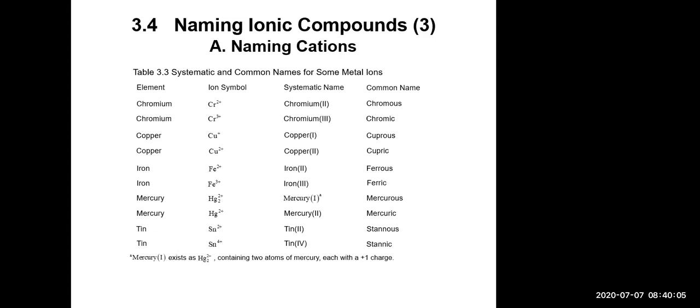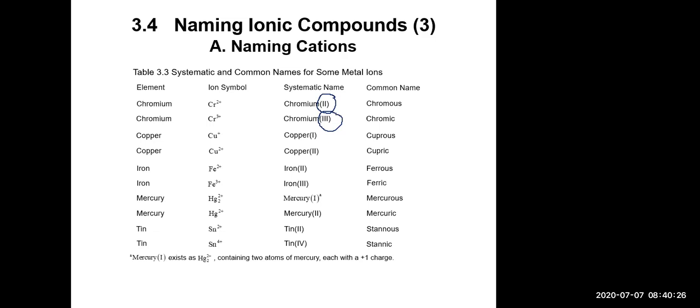We will use these Roman numerals here. You can see chromium 2 in the first case and chromium 3, and if you had the ion by itself, that's how you would name it: chromium 3 ion, chromium 2 ion. Mercury is kind of a weird one.